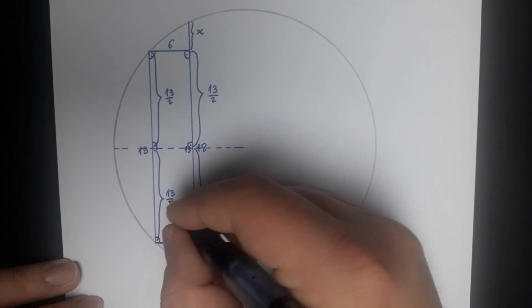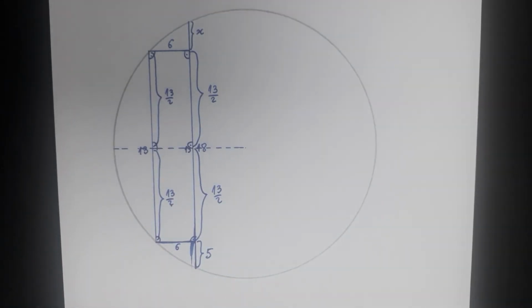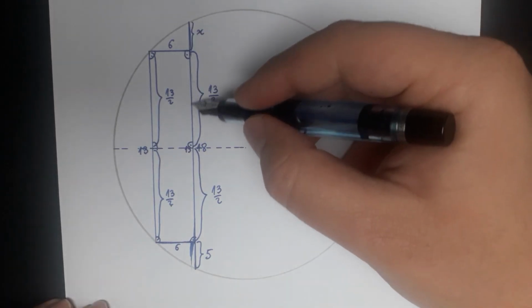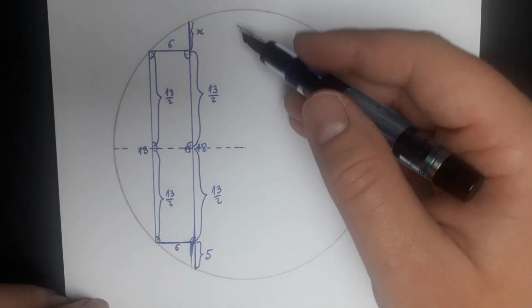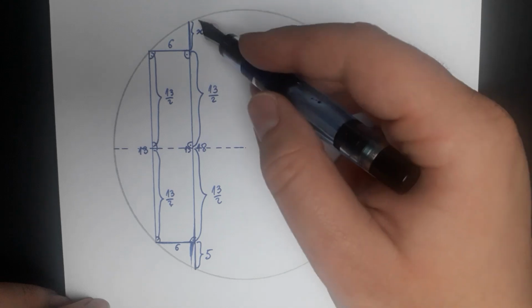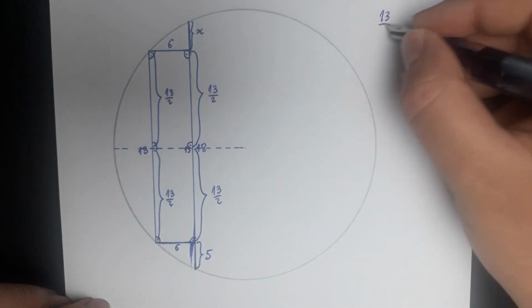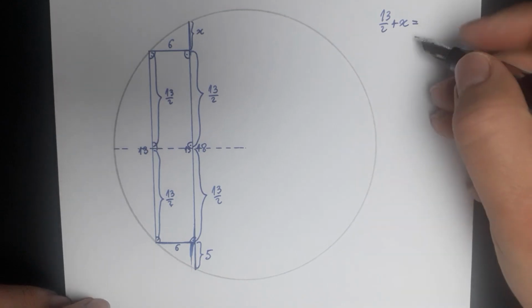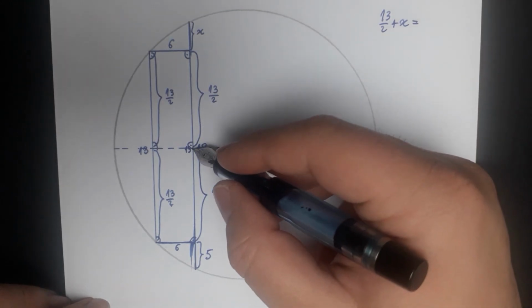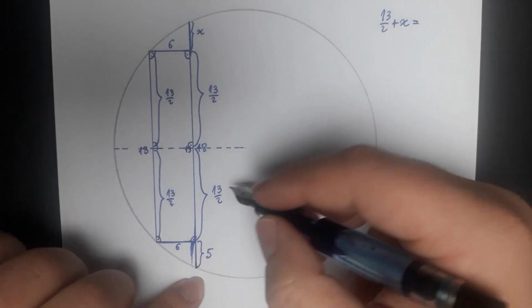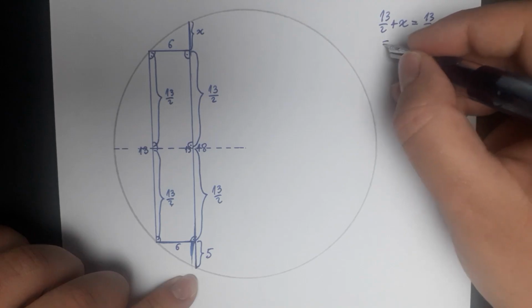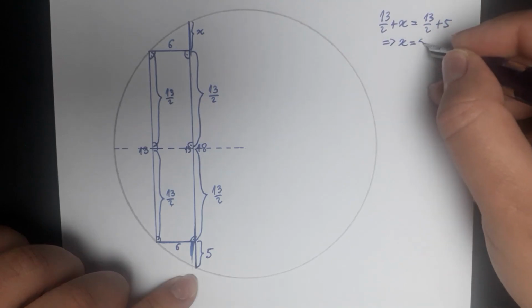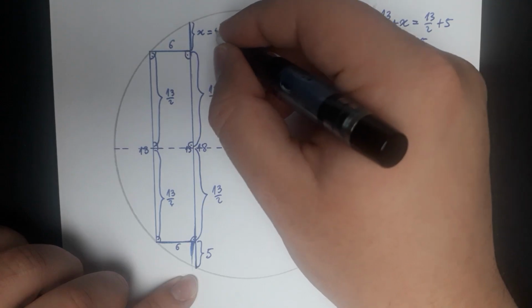Let's now use the perpendicular bisector of a chord theorem once again on this entire chord. On the upper part, we have 13 halves plus this x. And that has to be of equal length to the lower part of this chord, which is 13 over 2 plus 5. And that is going to give us the value of x to be equal to 5.